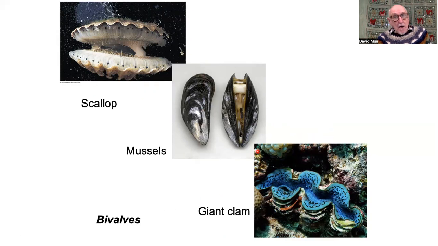There is a large group of mollusks which have two shells, and these are called the bivalves, and the most familiar ones to you are probably the scallops and the mussels. We love to eat bivalves, very delicious, and for many millions of years mollusks in general have served as a major food source for human beings.